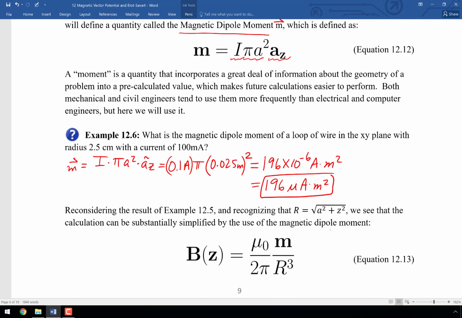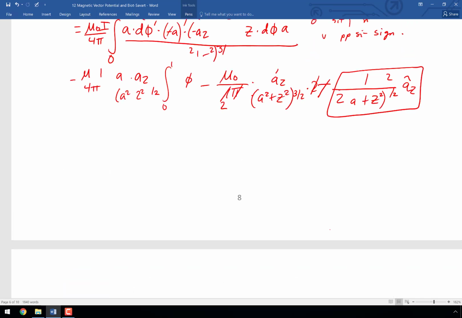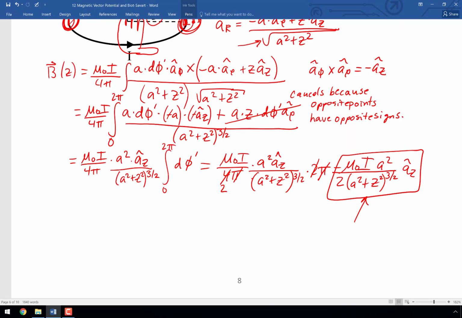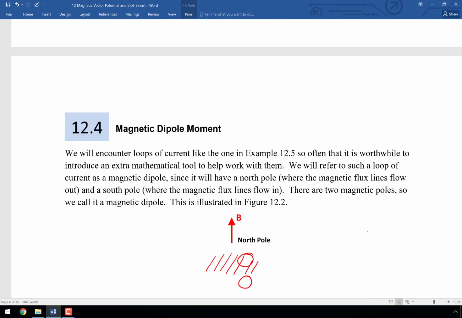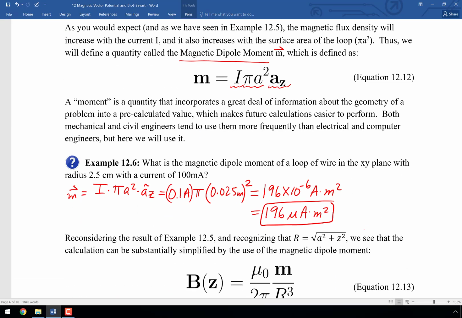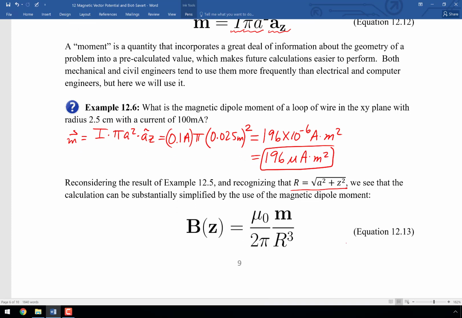As an example of this, let me flip back up to the result that we just found earlier. If we were to calculate this quantity, we could plug in what we know about the magnetic dipole moment, and we could also plug in that R is the square root of a squared plus z squared, and it would simplify that equation substantially.